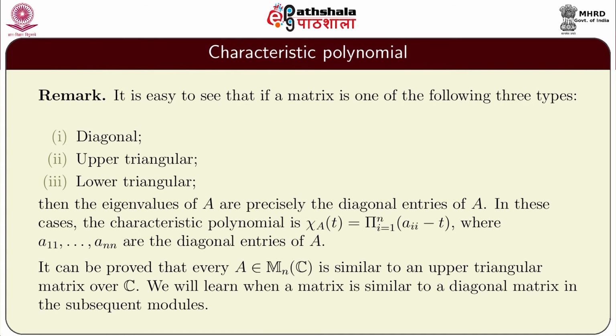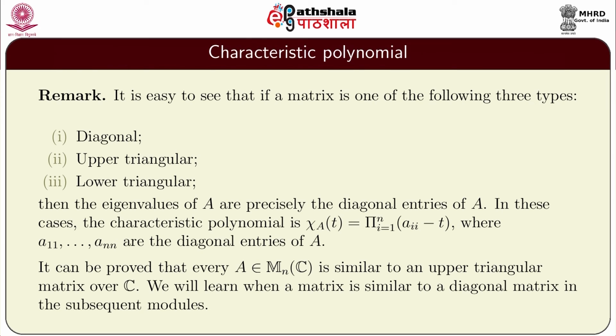This is very easy to see because in all these cases the characteristic polynomial is the product of (A_ii minus t), product over i equal to 1 to n, where A11, A22 and so on, Ann are the diagonal entries of A. Therefore, it is clear that the diagonal entries are nothing but the eigenvalues of A.